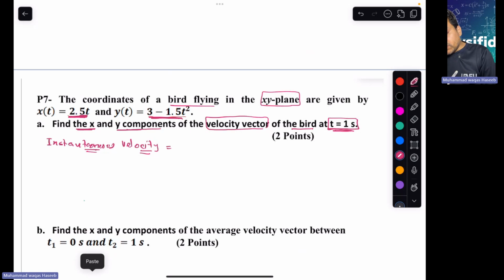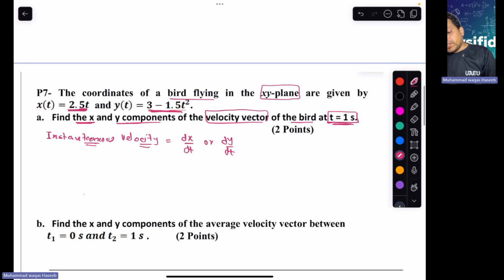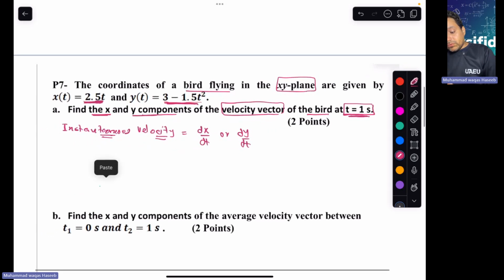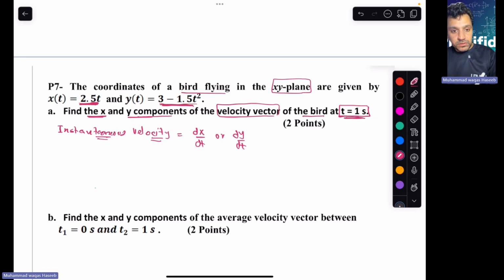Instantaneous velocity is nothing but dx/dt or dy/dt. So we take a first-order derivative. In your calculus, you learn how to calculate the derivative.